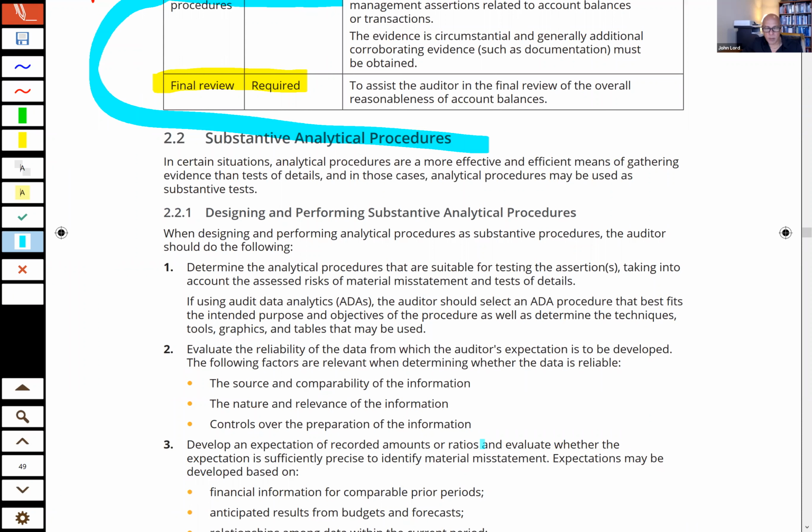Now, it's probably going to be hard to do a test of details because there's no invoices or receipts. People come in and drop coins into a machine or whatever, right? Okay, so can you think of an analytical procedure, maybe using non-financial data, that we might be able to generate to help us to figure out the washing machine revenue?